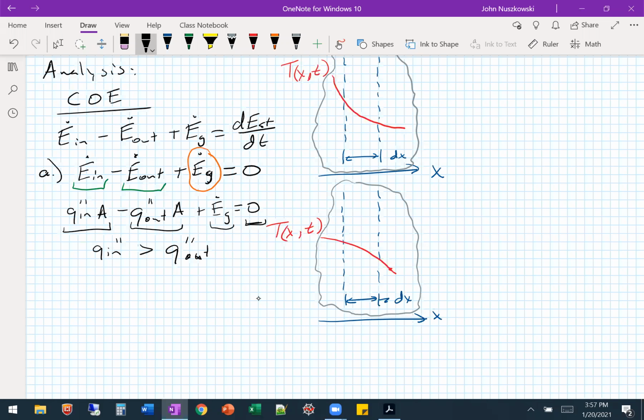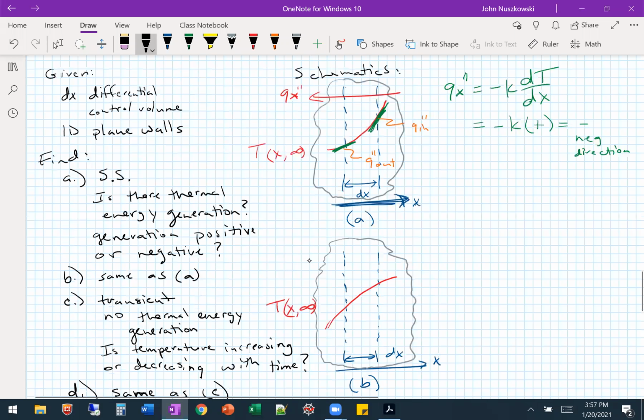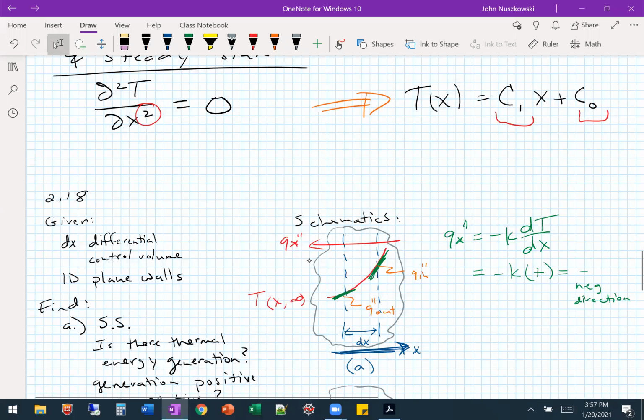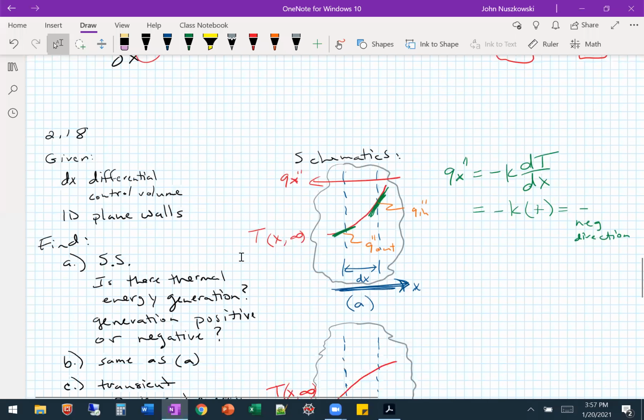For energy generated to equal 0, the flux in has to equal the flux out. So that would be a constant slope here. The slope on the left would be equal to the slope on the right, which is where there would be no generation. Okay. So then the energy generation will be negative. Yeah, so there you go.